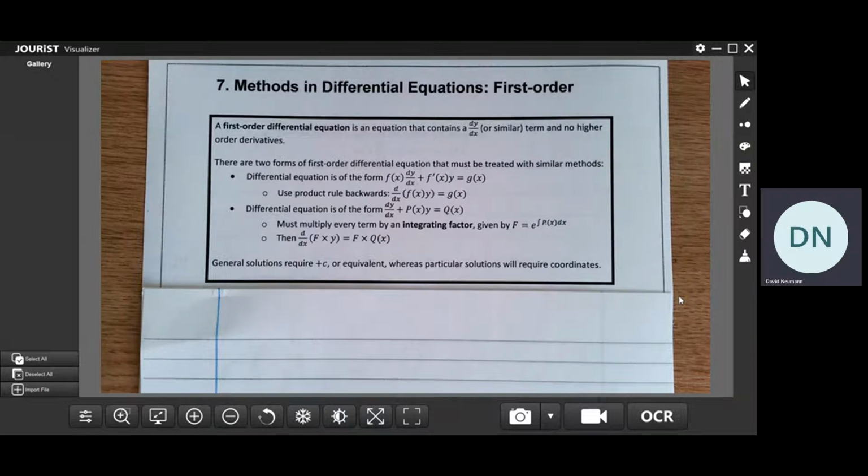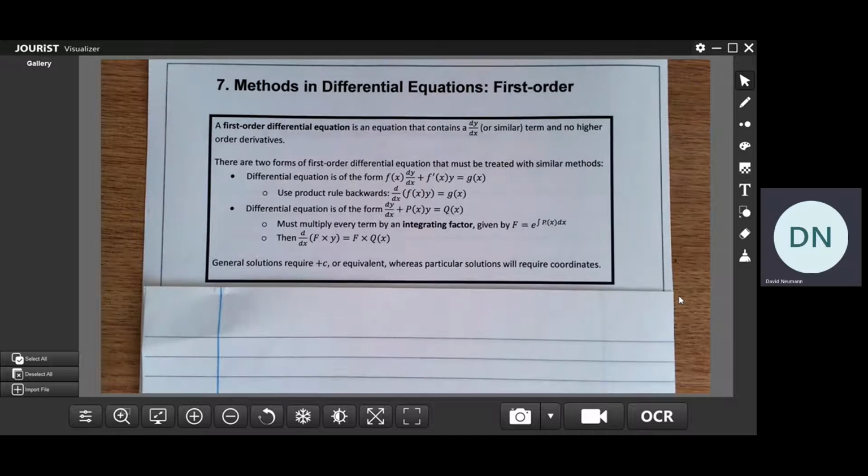So welcome to this video on methods in differential equations. We're looking at first order differential equations. You've already met first order differential equations in the single maths syllabus, and we've seen how we can solve first order differential equations by separating the variables.